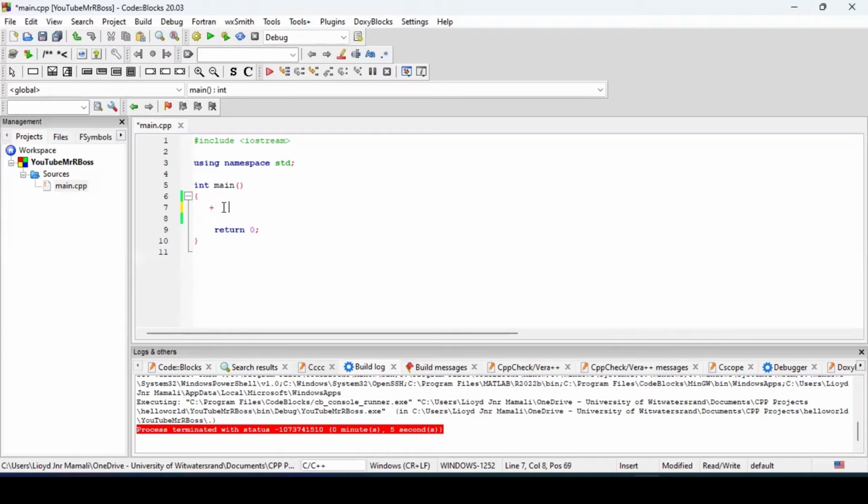This is addition, and then we have the arithmetic operator minus, which is basically subtraction. And then we have the arithmetic operator star.